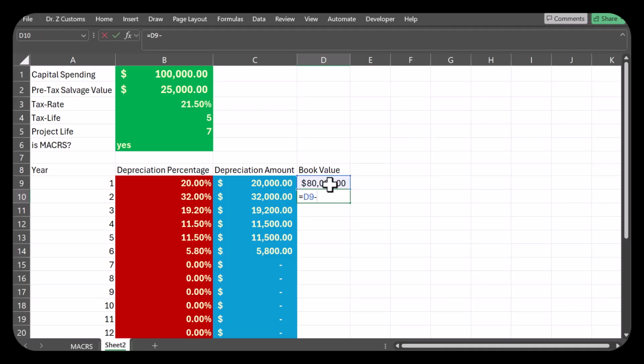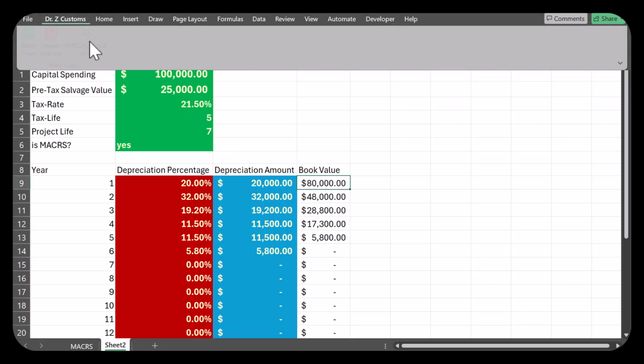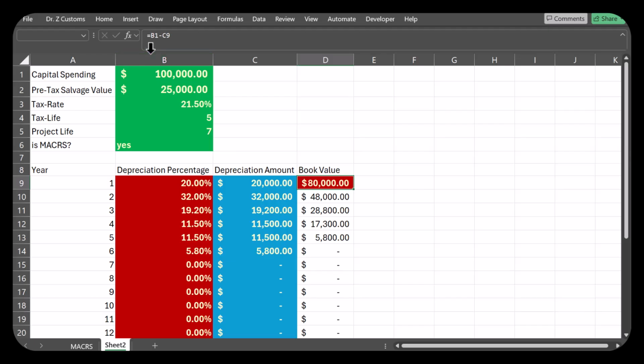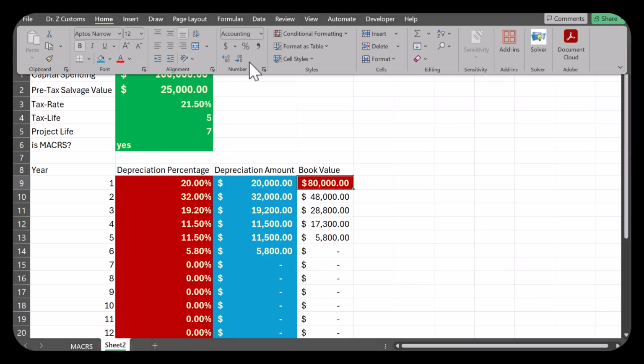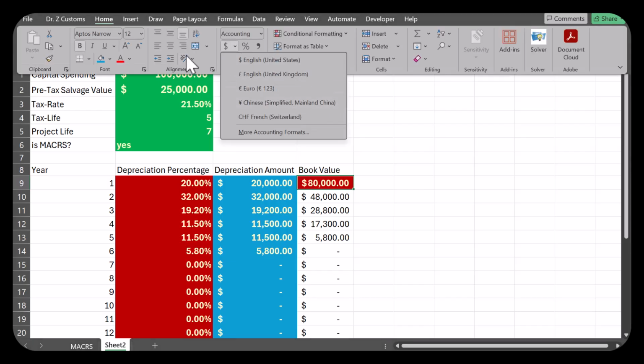So at the end of 6 years, in this example, book value is 0. Like that. I'm gonna make it black.